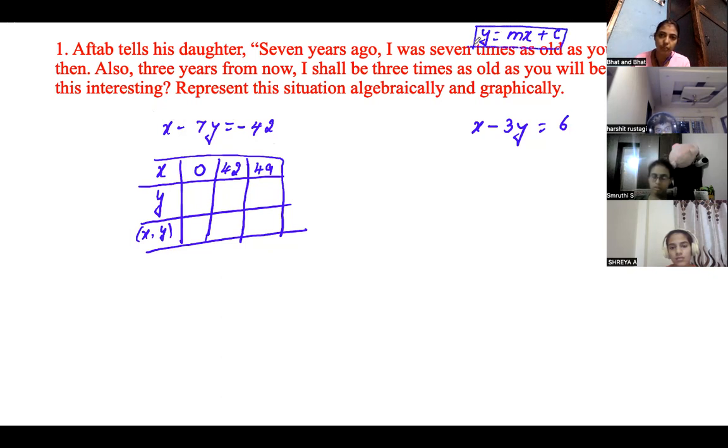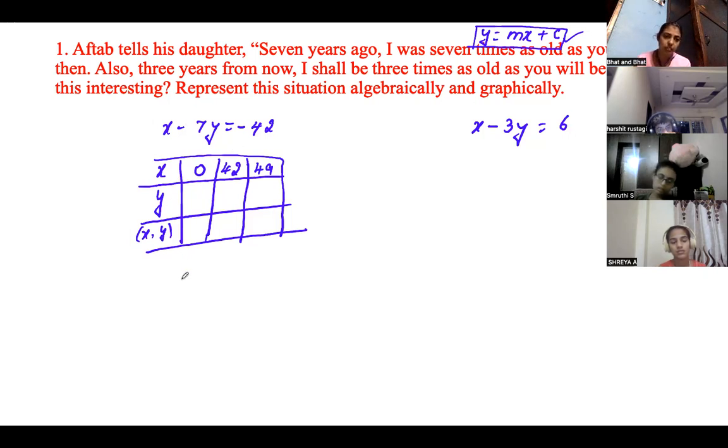So we have to convert whatever equation we have, that is x minus 7y is equal to minus 42, into this form. Understood? We have to write the equation for y. So we just have to move terms from left to right, right to left. Then we will get the equation.